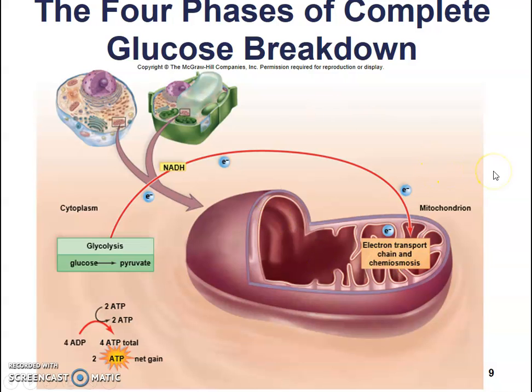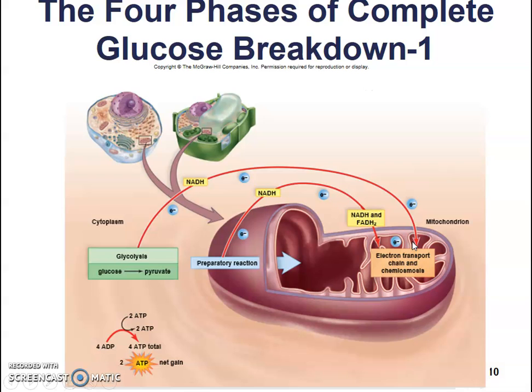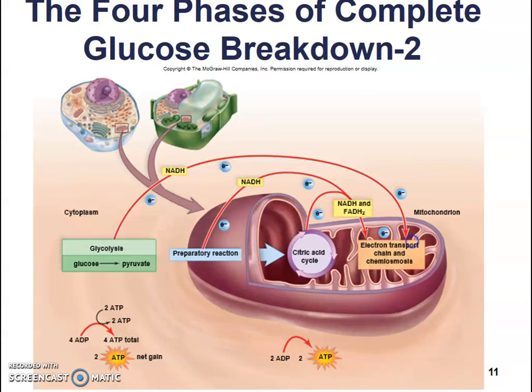So here is a diagram of the 4 phases. Okay, so out here in the cytoplasm, we have glycolysis. We break that glucose molecule into 2 pyruvate molecules, and then it is transferred into the matrix of the mitochondria. Then the prep reaction happens. Okay, that's whenever we're making the NADHs and the FADH2s.